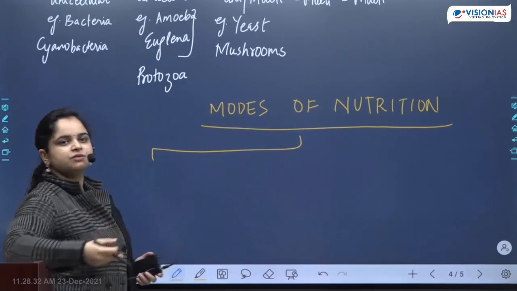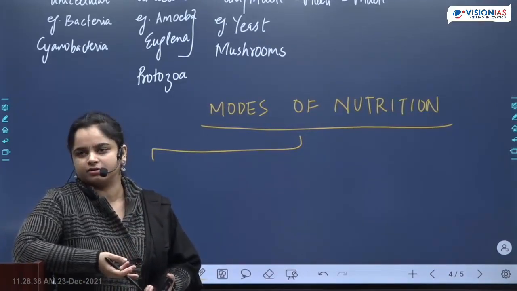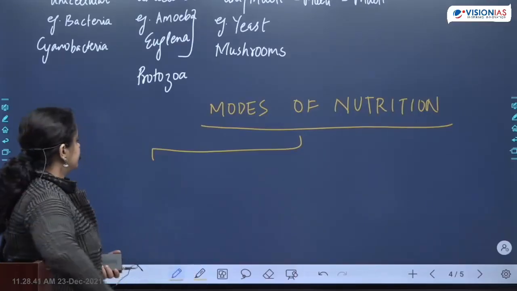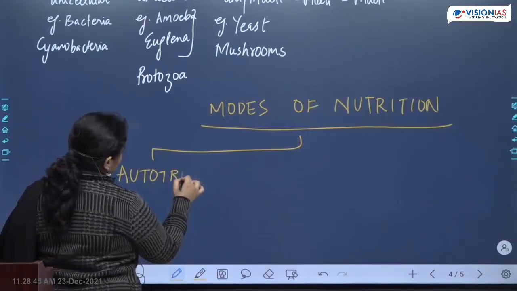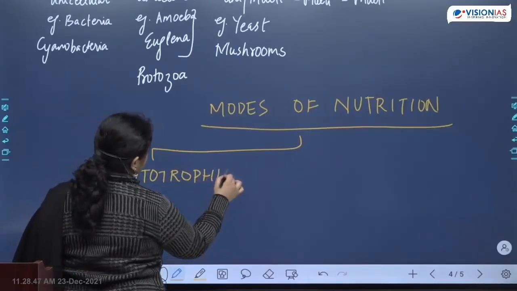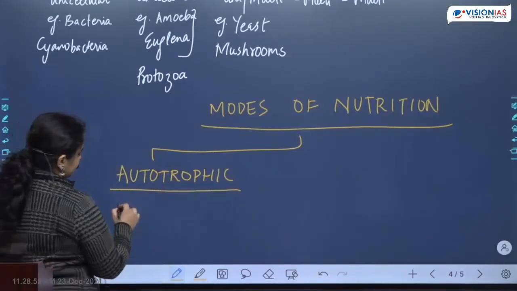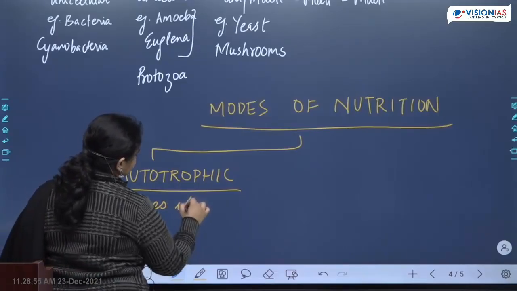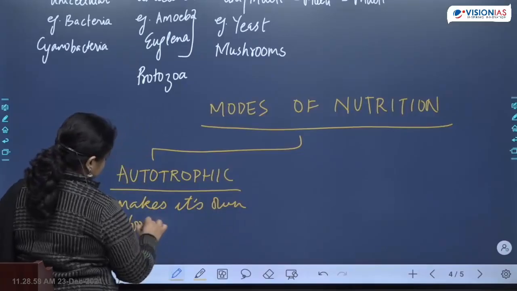Mode of nutrition means how different organisms are getting their nutrients. What is the way in which they are getting their nutrients? One mode is autotrophic. Autotrophic means when an organism makes its own food. Right?